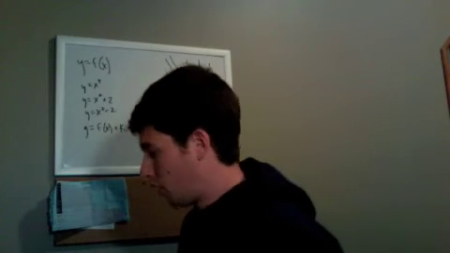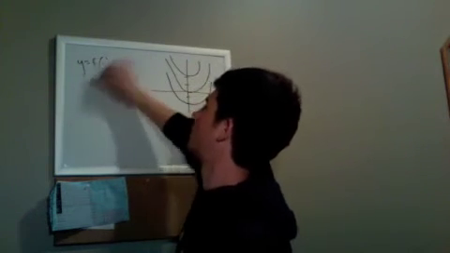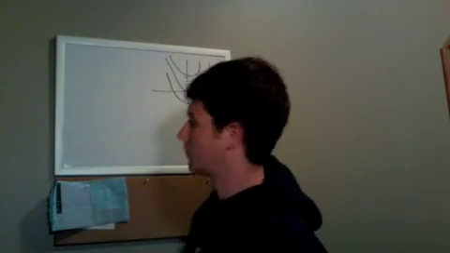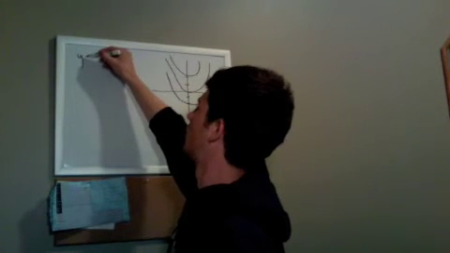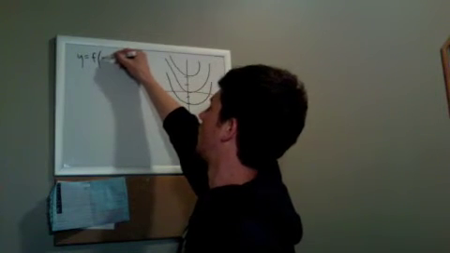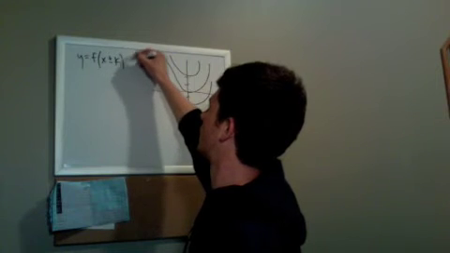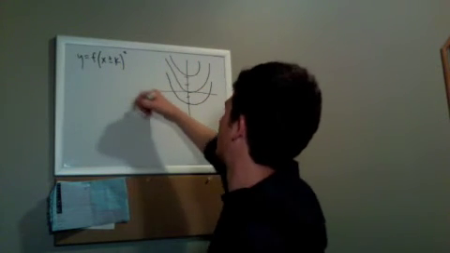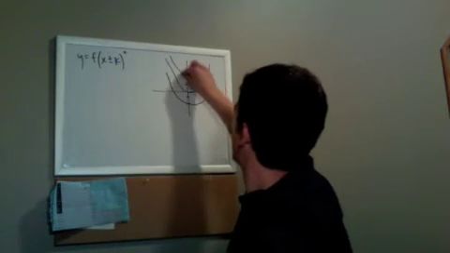Okay, now in the case of shifting to the left or right, in general we can say y will equal f of x plus or minus k, squared, for our graph that we have right here.